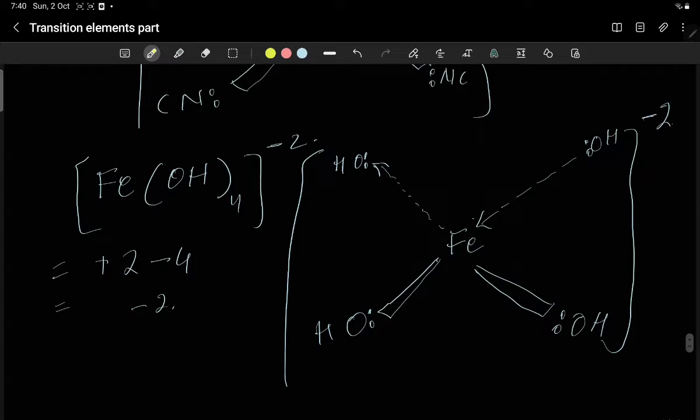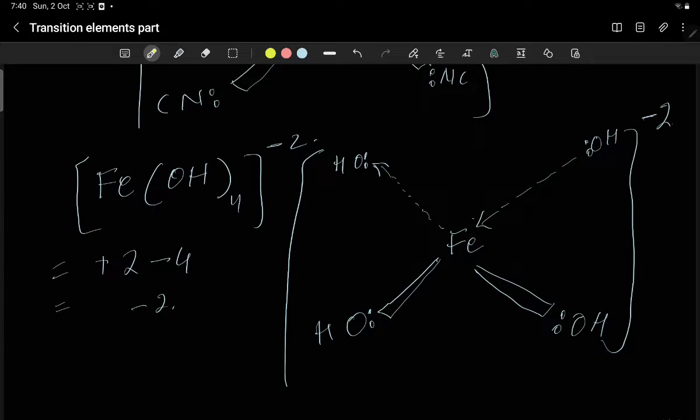There is another example of square planar, iron. 4 hydroxide ligands are attached to the iron atom, which carries a +2 charge. The overall complex is -2, so we can predict this charge.